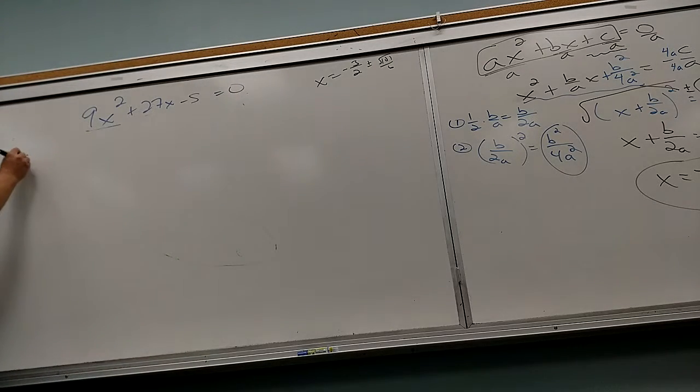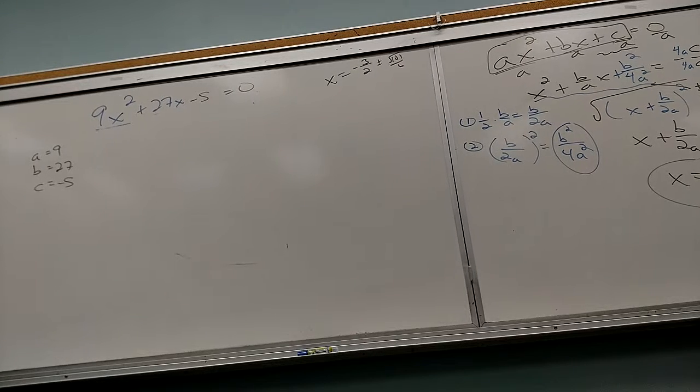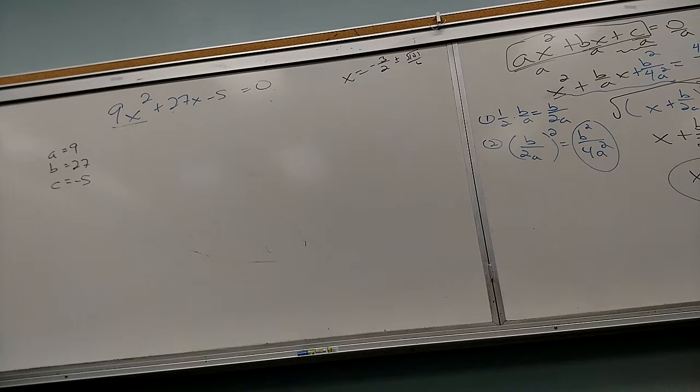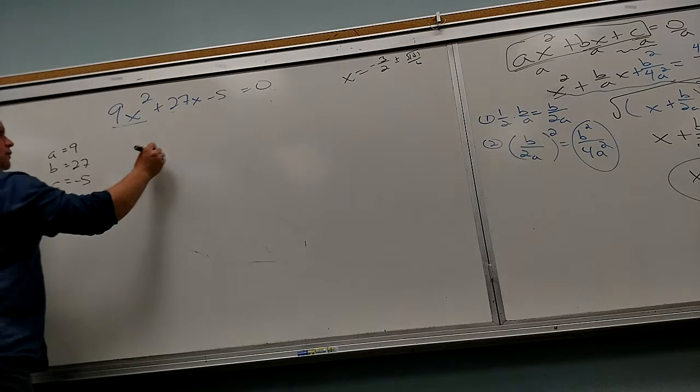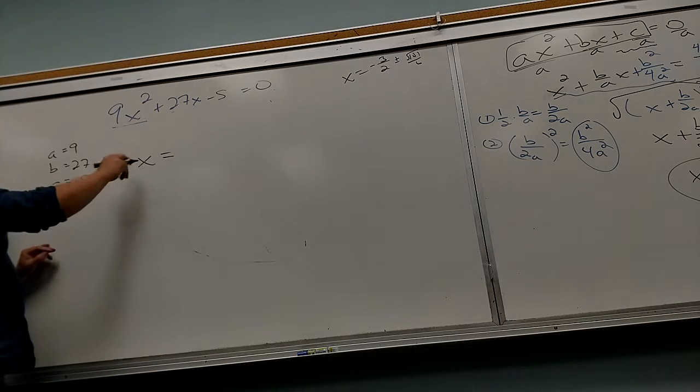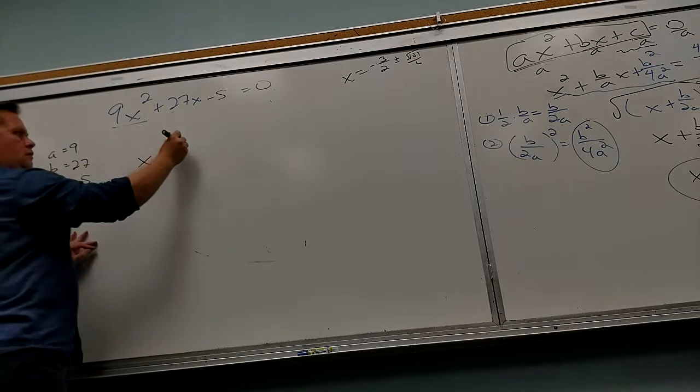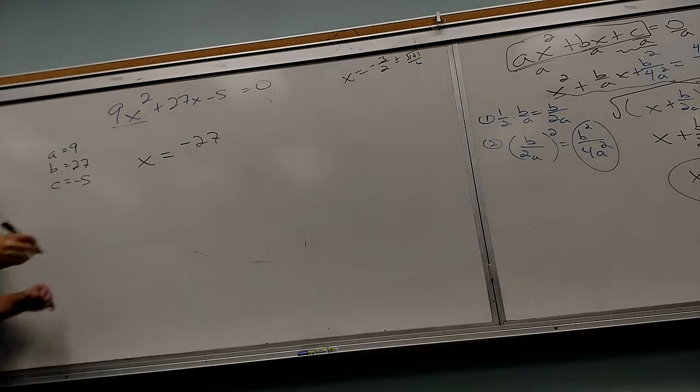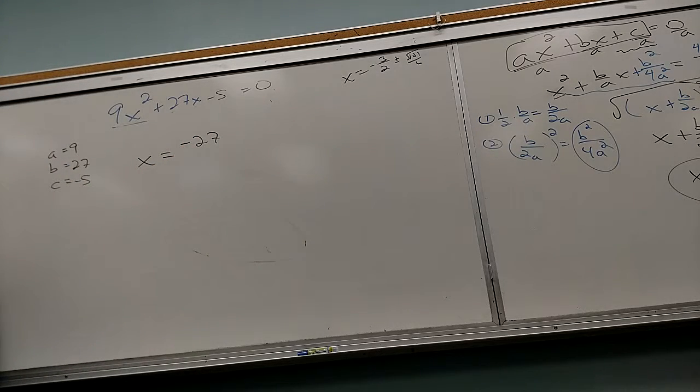So what's A? 9. What's B? 27. Oh, that's got to be gross. What's C? Negative 5. So x equals negative b, and now it's just a plug and shove.